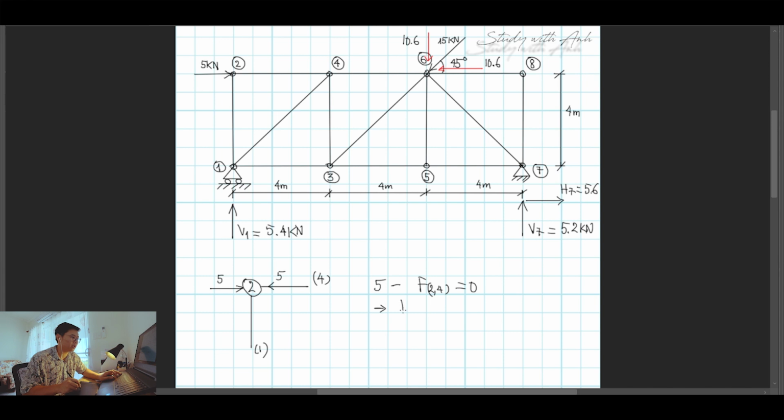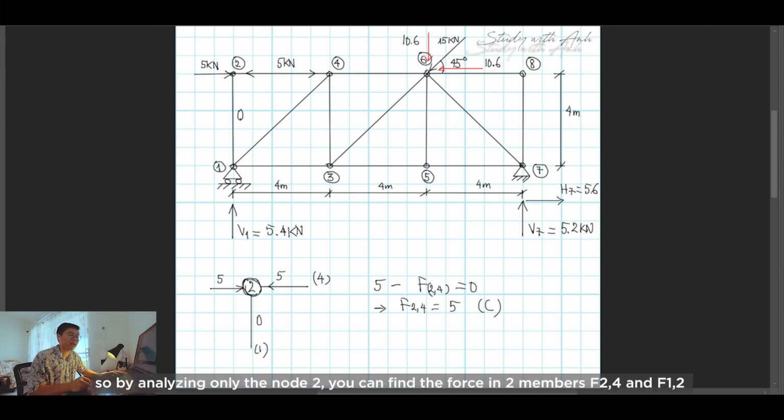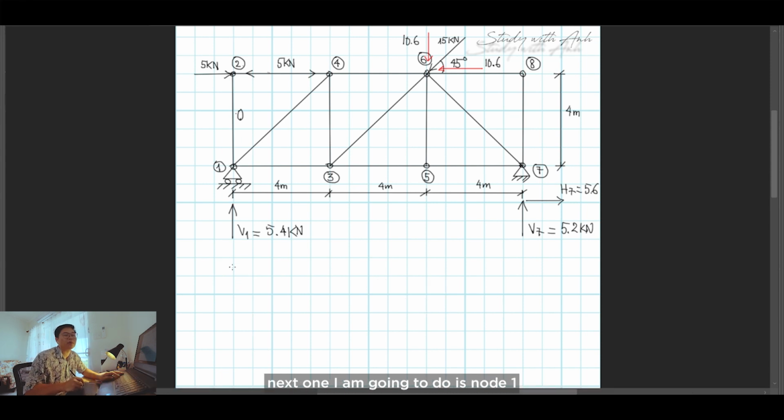So you will have F24 equal to 5, of course it's compression. Here we don't have any vertical load, so of course F12 equals 0. That can be clearly seen. By analyzing only node 2, you can find the force in two members, which are member 2,4 and member 1,2, right? The next one I'm going to do is node 1.